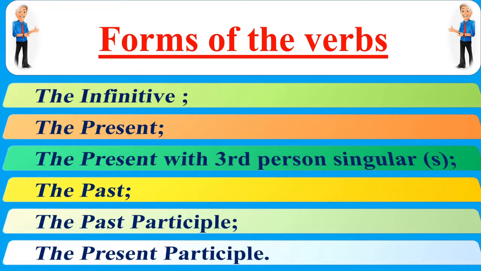The present with third person singular with s، وهو المضارع. والحالات التي نراها في اللغة الإنجليزية أن الاسم الثالث وهو هي أو الجماد يأخذ دائما حرف s في الأخير. The past هو الماضي. The present participle يكون هذا المضارع الذي يأخذ ing، وسنراه لاحقا.